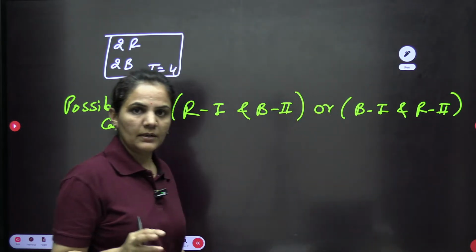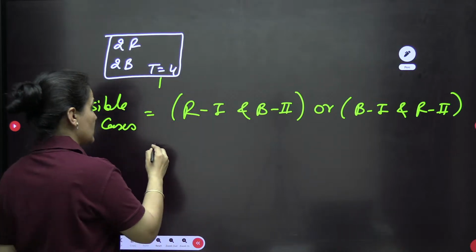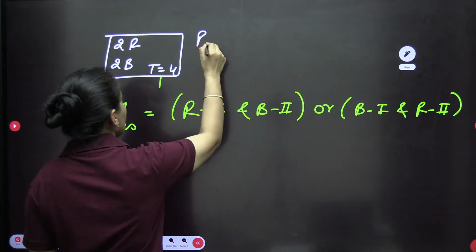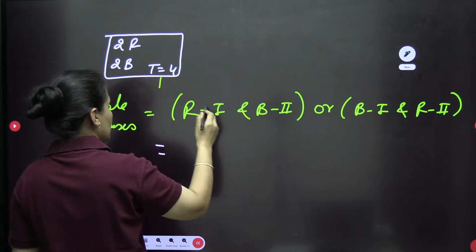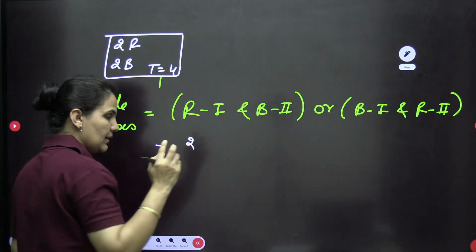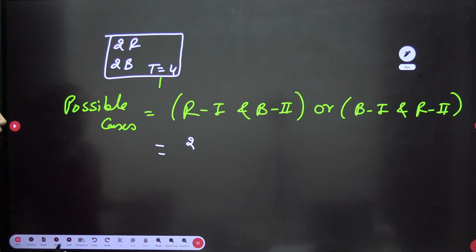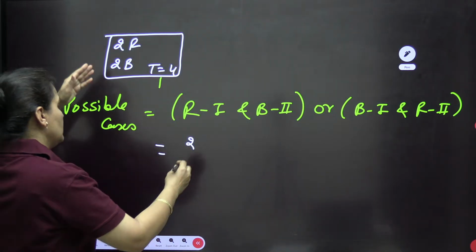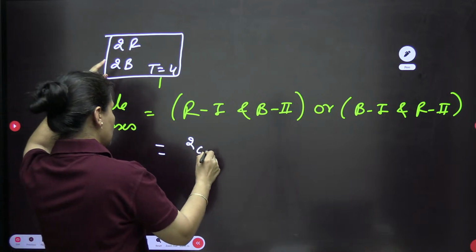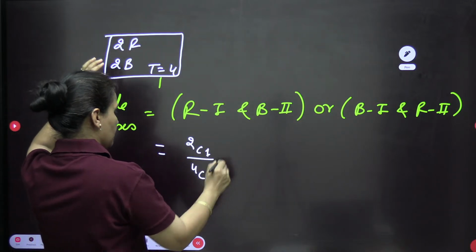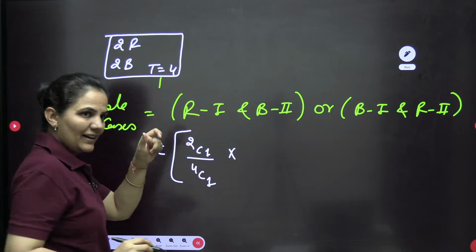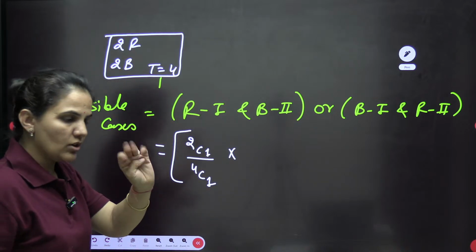This is only possible because you want different distinct balls. So probability of drawing red in the first draw: total number of red balls is 2, so 2c1 by 4c1. Total red balls are 2, total balls in the box are 4.